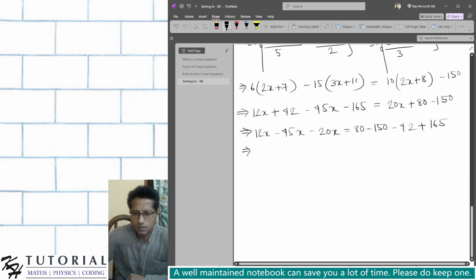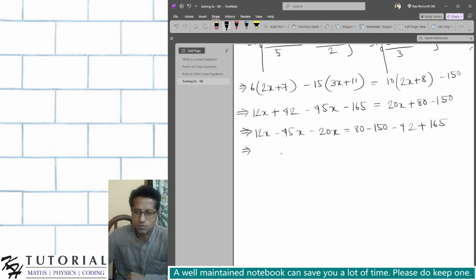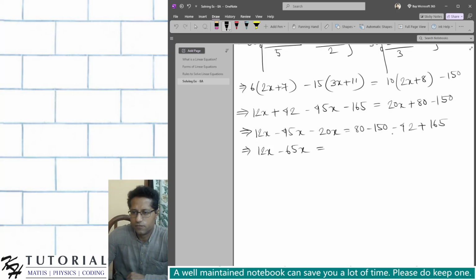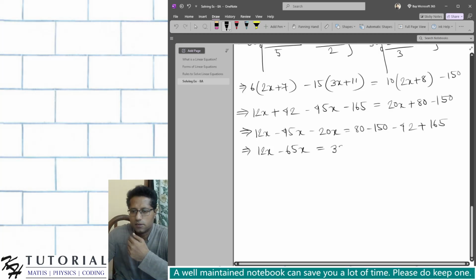Now if you simplify further the LHS and the RHS, adding up the like terms on the LHS, it will be 12x minus 65x is equal to 165 minus 150 is 15, and 80 minus 42 is 38, plus 15.